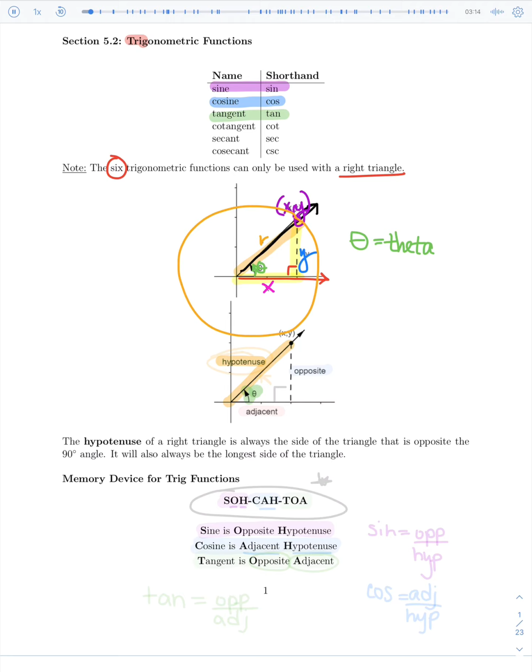So, for example, if we're looking at this angle theta, the side across from it is called its opposite. The side that's right next to the angle is called the side that's adjacent. And what's always opposite the 90-degree angle is the hypotenuse.